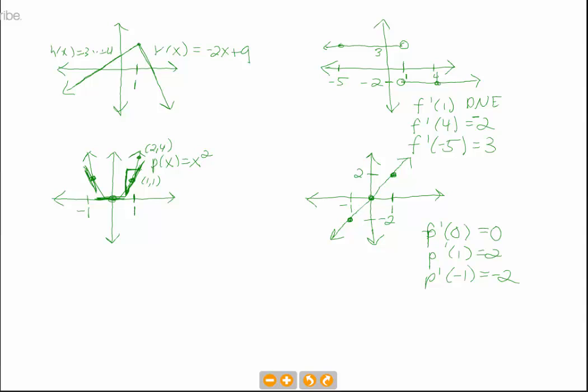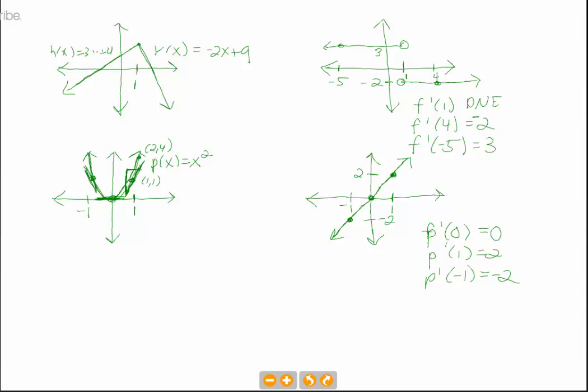And here's where you really begin to see the patterns of what's going on. A parabolic shape is going to give us a line over here. The other thing to look for is that the slope on my original function is negative, so it's falling.